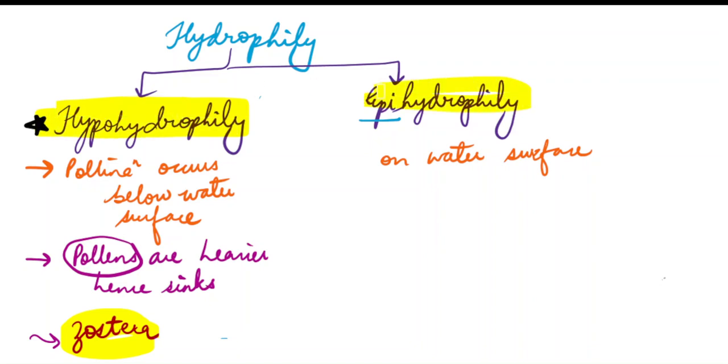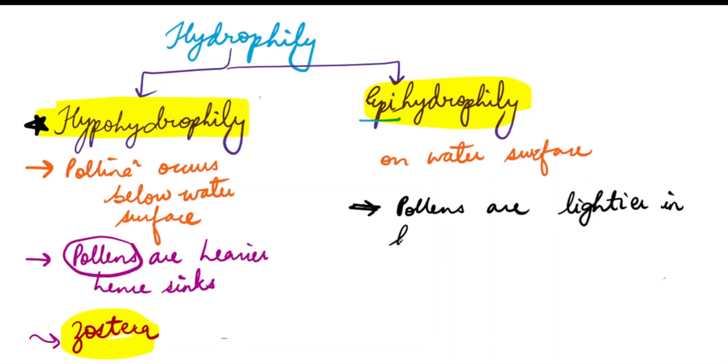Now in epihydrophily, what will happen here? Pollens are lighter in weight, hence float. If pollen is floating on the surface, then what will happen?